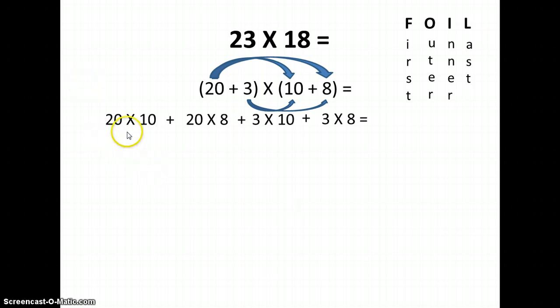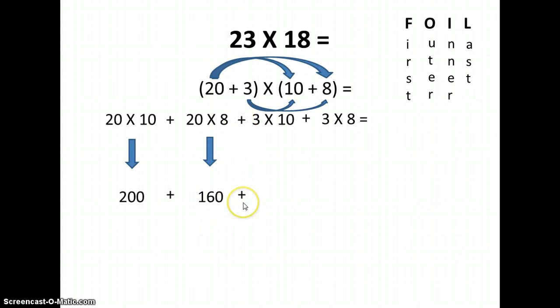So, we will start with 20 times 10. And this equals 200. Bring that plus sign down. Next is 20 times 8. This is 160.